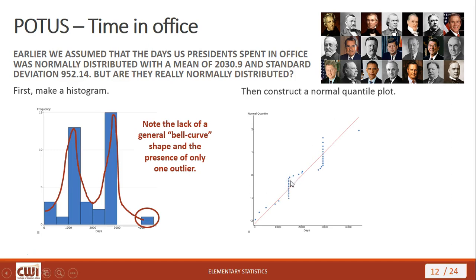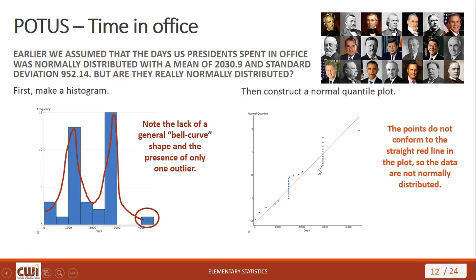Notice the two curves, the two bends that you see here in our data set. These are actually conforming to the two peaks that we see in the histogram. Clearly, these data points are not following the general shape of that red line there in the center of our normal quantile plot, so we would say that these data are not normally distributed.